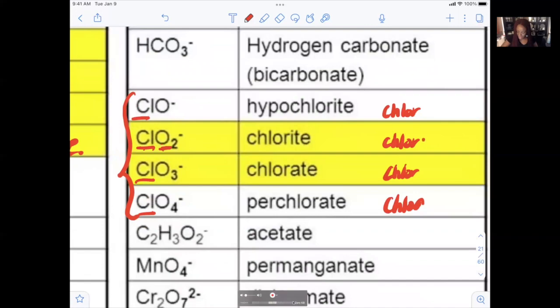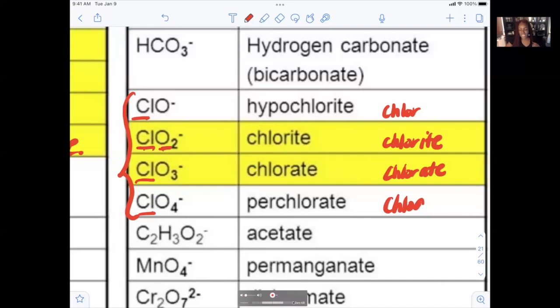So this will have the ITE because it has 1 less oxygen. The one below has 1 more oxygen. The ITE is not always 1 less, it's always less than the ATE. So we have the ATE to represent relatively more oxygen. Chlorite, less oxygen. Chlorate, more oxygen. In this case, it happens to be 1.